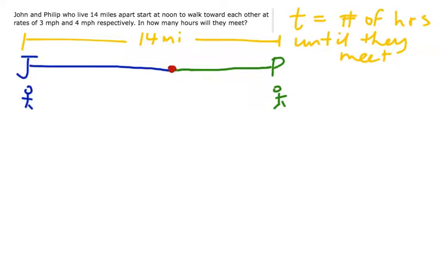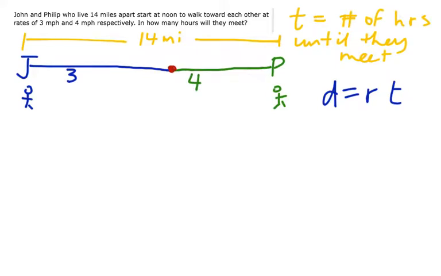So we're going to get help from our DIRT equation: D equals distance equals rate times time. That equation helps us out a lot with this problem. We don't know the distance that John walks, but what we do know is his rate, 3 miles per hour. And we don't know Philip's distance, but we do know his rate.